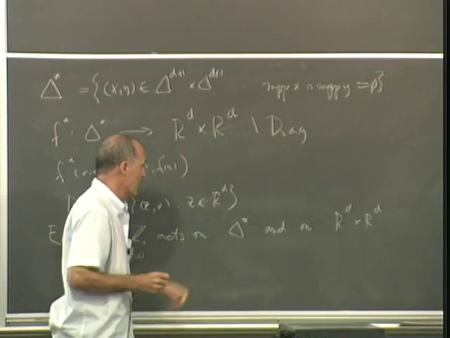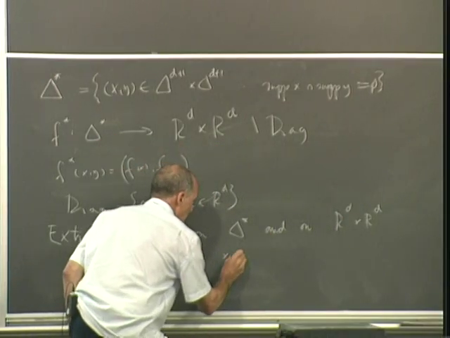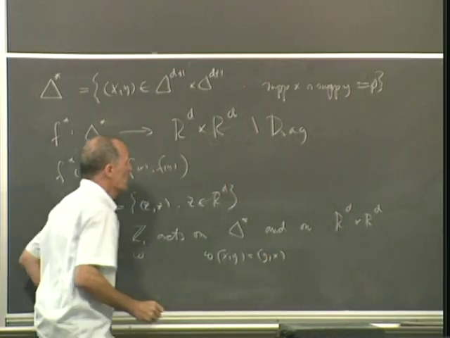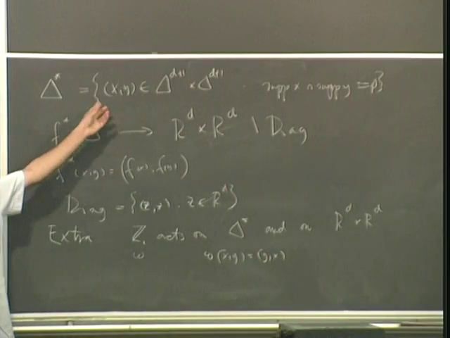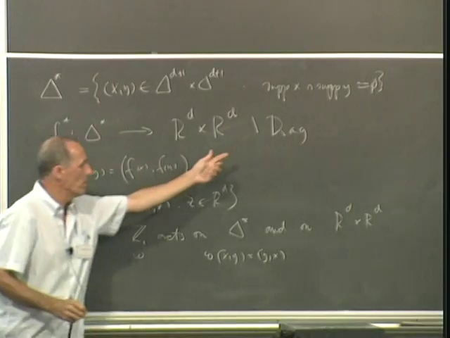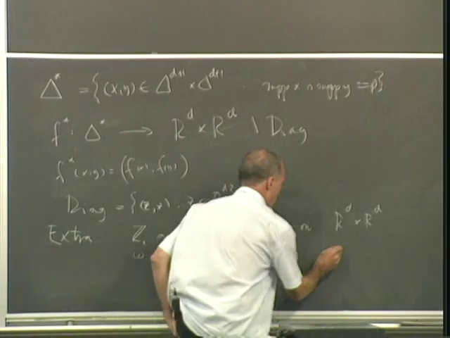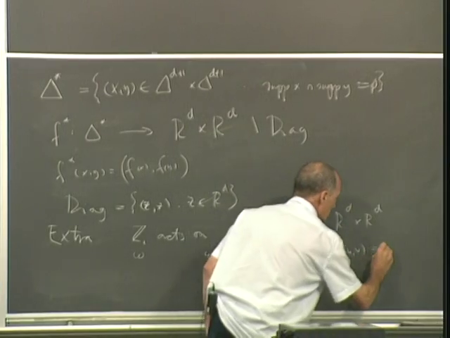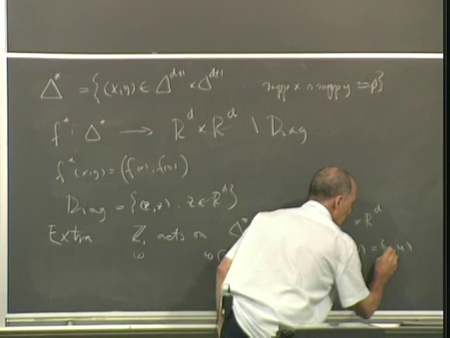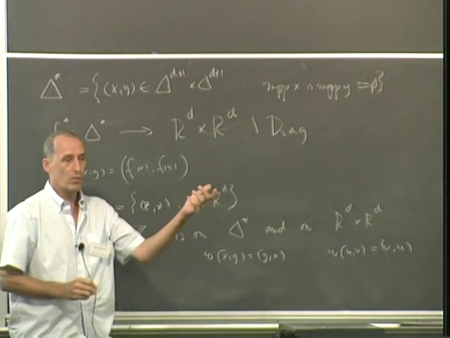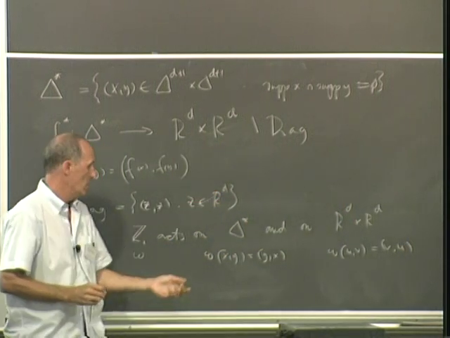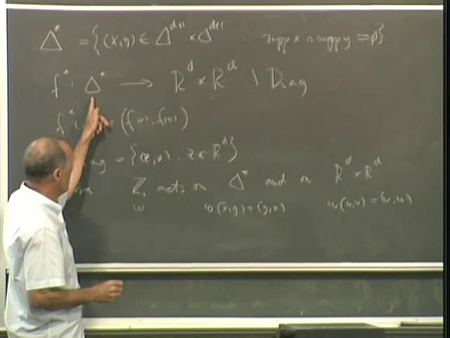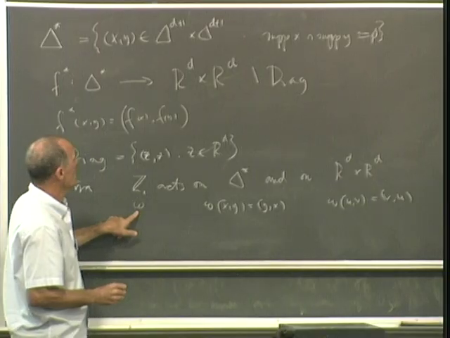And what's going to be that action? (x, y) times omega is going to be (y, x). So this is a very natural symmetry of this space. The same symmetry appears here, because omega of (u, v) from this product space is equal to (v, u). Just exchange the two components. And so this mapping is going to be invariant under this omega.